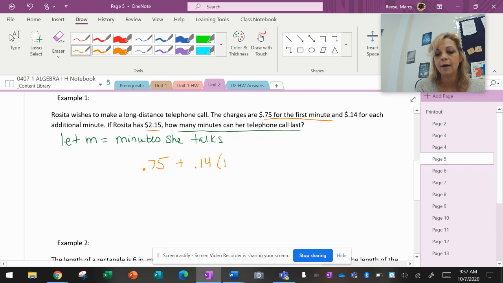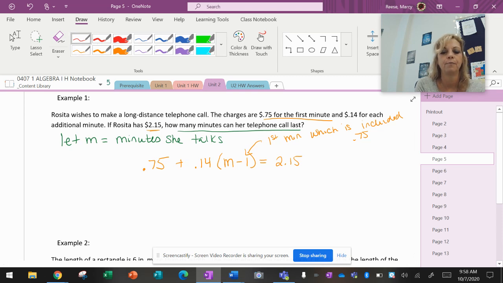So I have to do M minus 1, because that minus 1 is the first minute, which is included in the 75 cents, okay? And then all that totals $2.15.